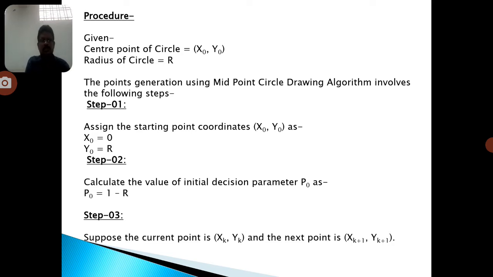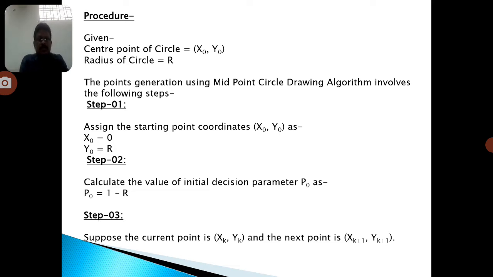You can see this in the next procedure. First, we assign the coordinates x0, y0, where x0 equals 0, that is the default value, and y0 equals the r value, which is nothing but the radius value. So we assign the radius value to the y coordinate.